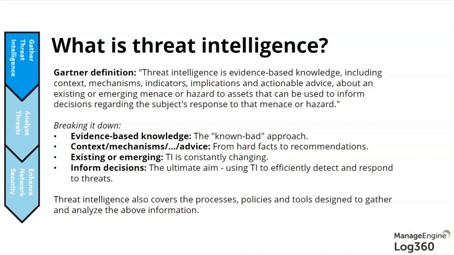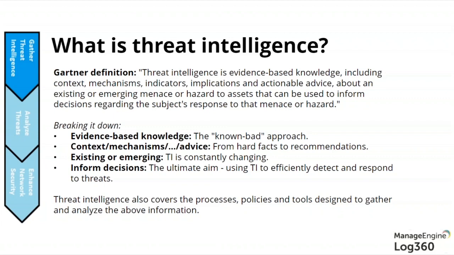Okay, so threat intelligence includes context, mechanisms, indicators, implications, and actionable advice. That's a wide range of topics. This phrase indicates that threat intelligence is pretty wide ranging in the types of information that it covers. There's actually a pretty common misconception out there that threat intelligence is just a list of bad IPs. But it's actually way more than that.